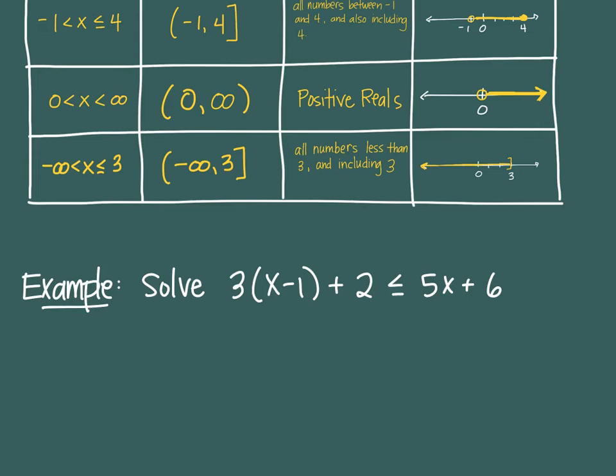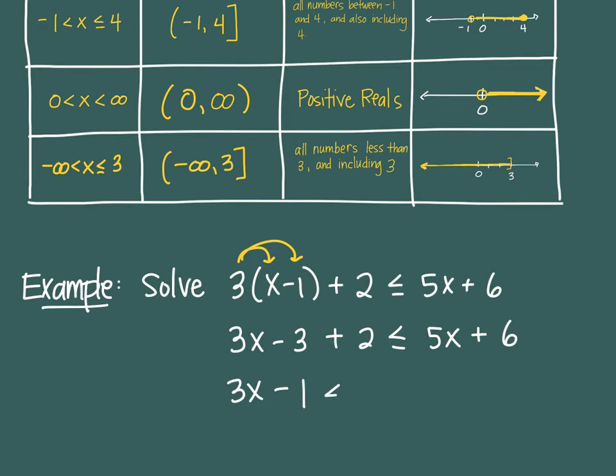Distribute what? Okay, distribute the 3. When we distribute the 3, we'll have 3x minus 3 plus 2 less than or equal to 5x plus 6. Now I want to combine the like terms. So I have 3x minus 1 less than or equal to 5x plus 6.